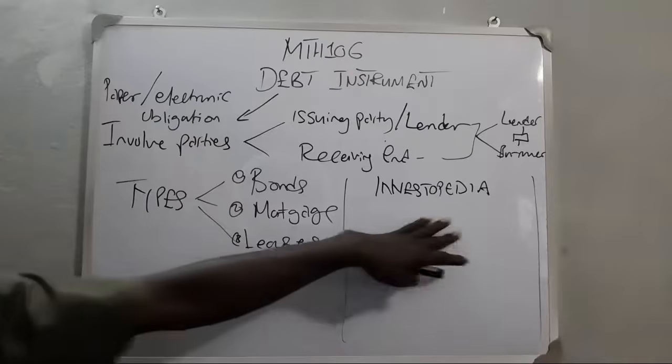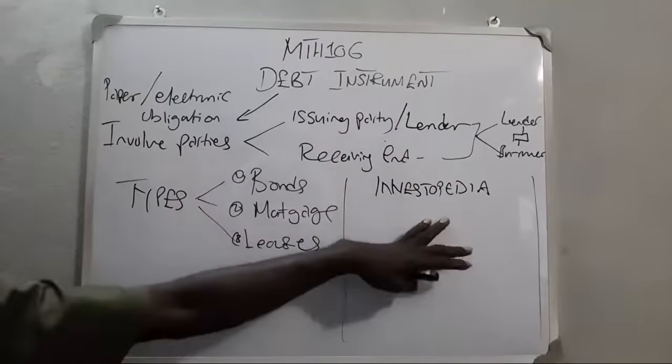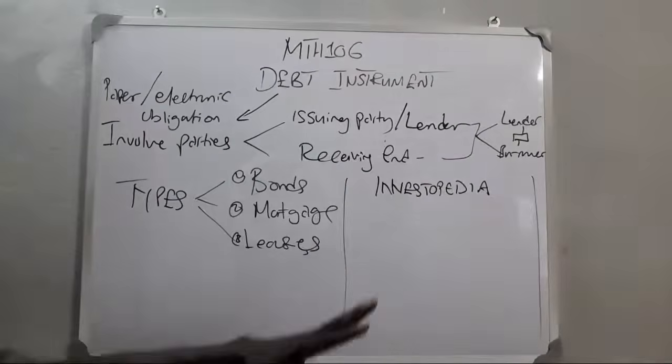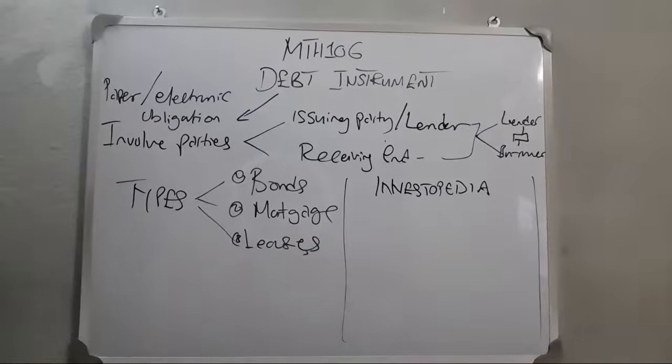According to all this analysis, Investopedia said something about what we have been talking about, debt instruments. It is the enhancement of transfer of debt ownership or obligation from one party to the other.